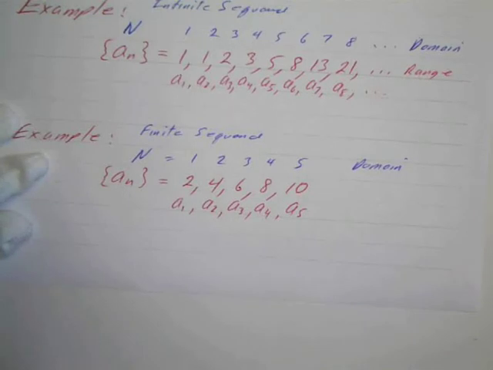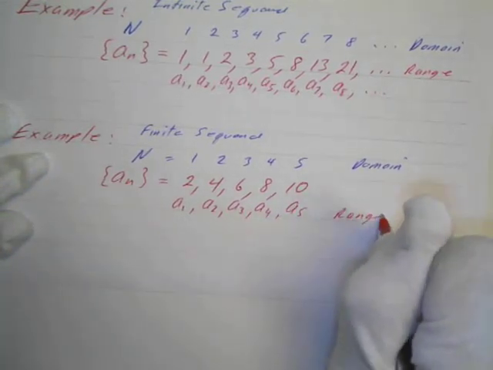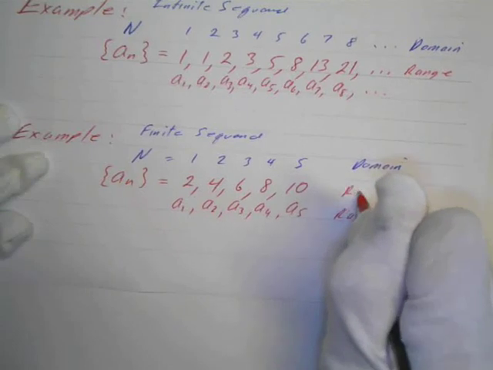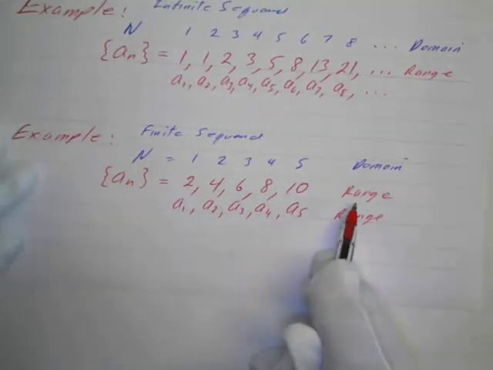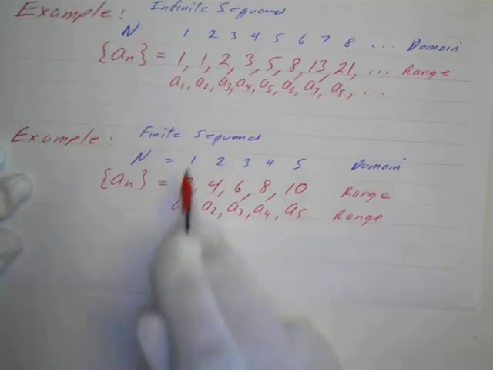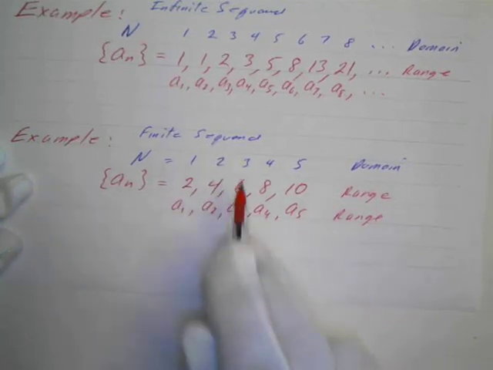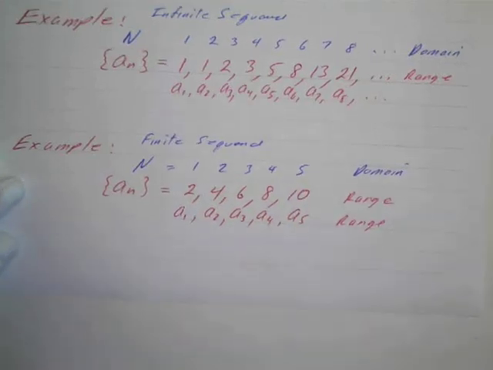And our range would be 2, 4, 6, 8, 10. And if you wrote that as a set of ordered pairs, you'd have (1, 2), (2, 4), (3, 6), (4, 8), (5, 10), and you could graph the sequence.